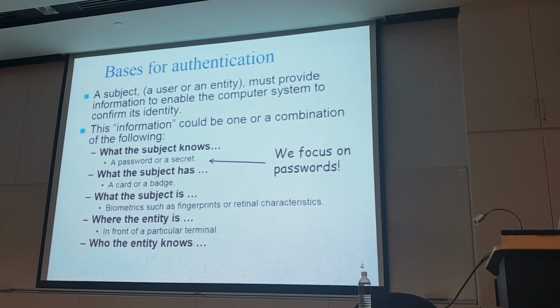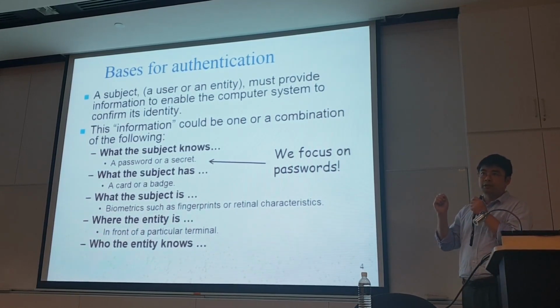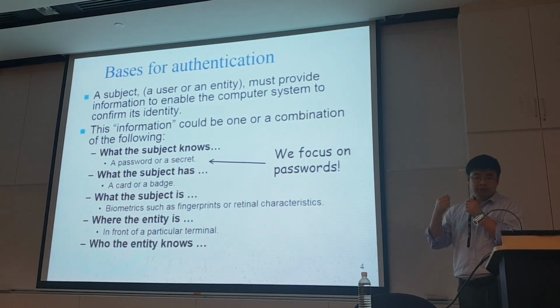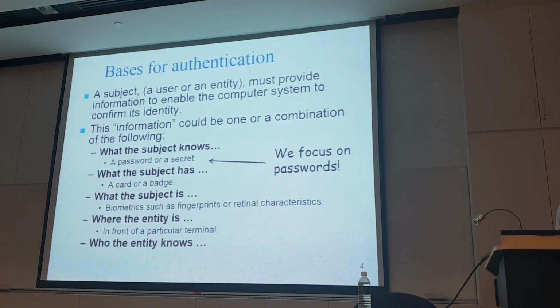So this is a two-factor authentication. And the ATM card we use is also a two-factor authentication mechanism, because you need to know the PIN, and you also need to physically have the card if you want to withdraw money. Otherwise, if you only have the password or only have the card, you cannot withdraw the money. So that's also two-factor authentication.